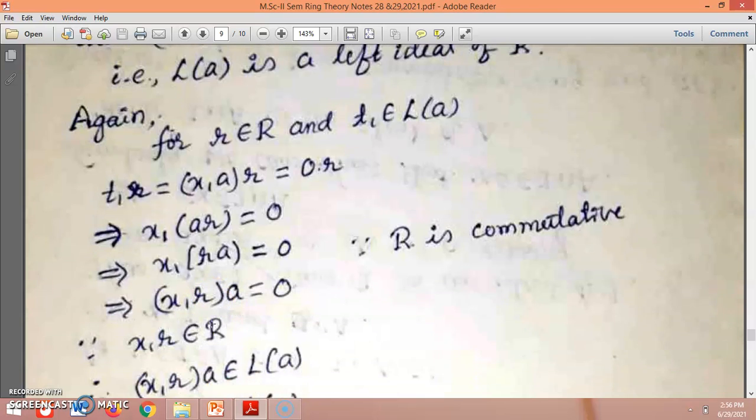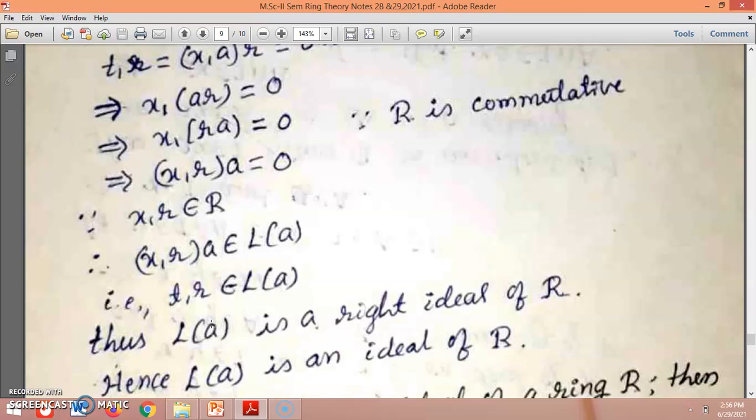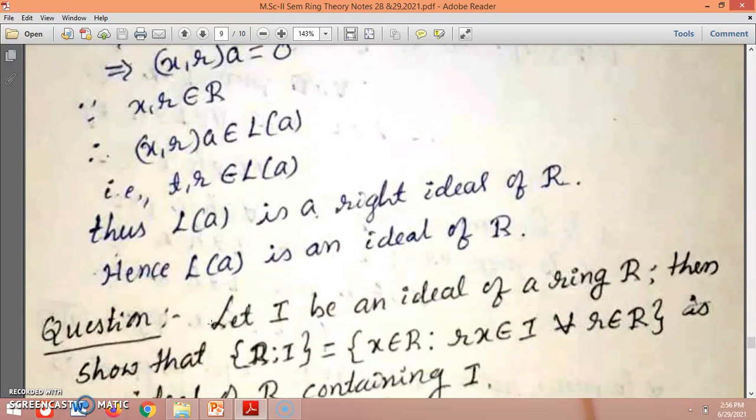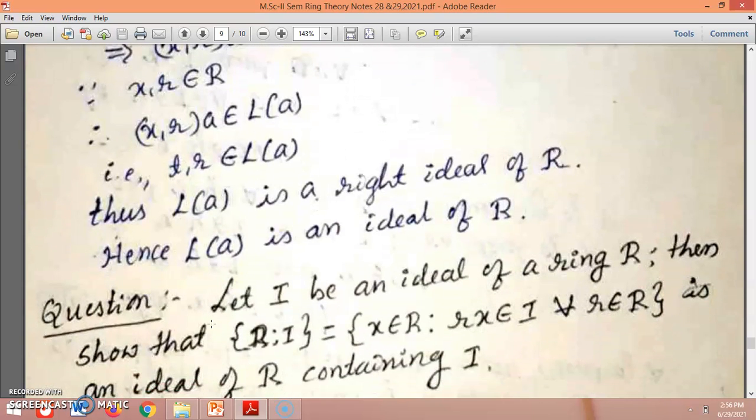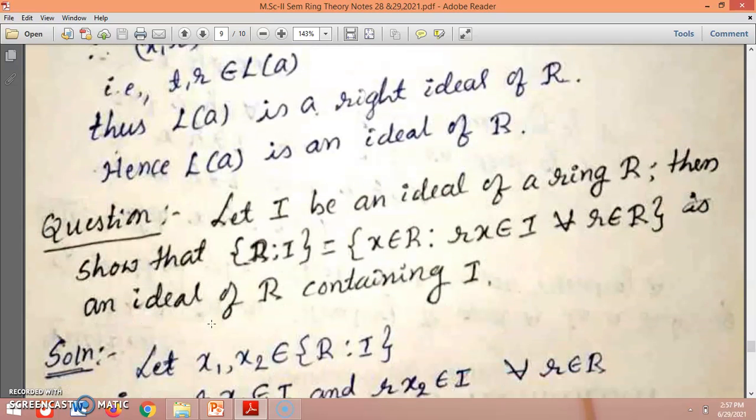Since x1 r is a member of R, x1 r into a is also a member of LA, that is T1 r is also a member of LA. Thus L of A is a right ideal of R. Hence it satisfies both the left and right properties, and the common property of an ideal, closure under addition. So L of A is an ideal of R.